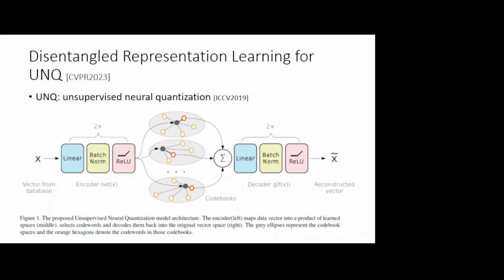When you decode, you just repeat the same architecture: linear, batch norm, ReLU, repeated twice. We use this to reconstruct it, and we hope your reconstruction will be close to your original raw data. So it's the general process for UNQ.